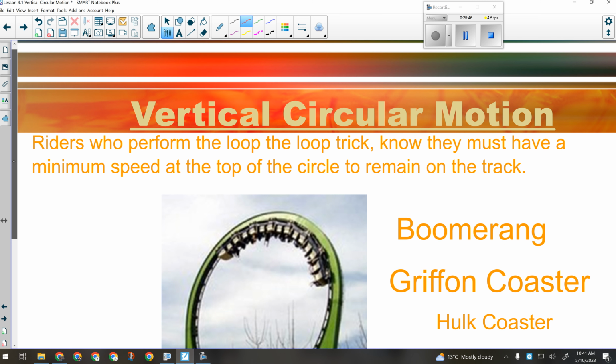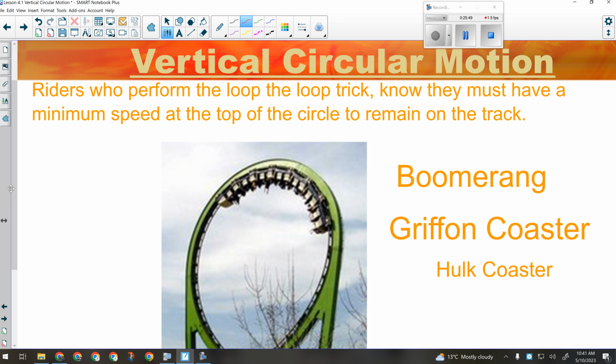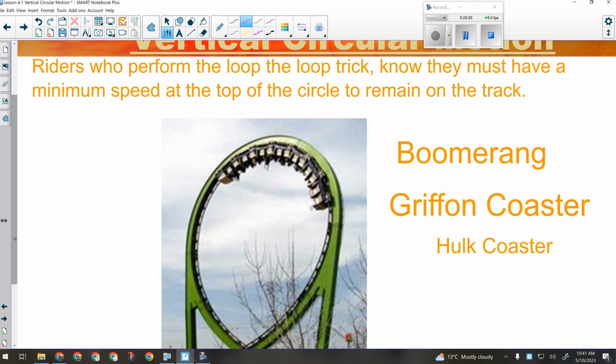So if we perform that loop-the-loop trick, obviously there is a minimum speed that has to be attained in order to stay in that circle. If this roller coaster here had a radius of 9 meters, could we calculate the minimum speed for that circle?